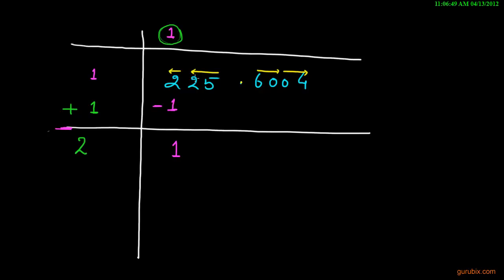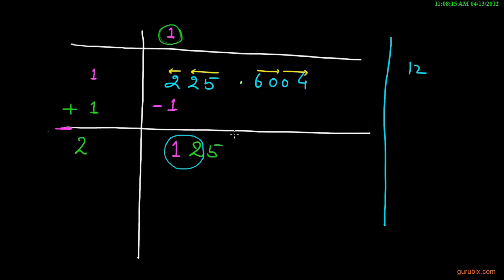Now we shall bring down the next period, and that is 25. So this number becomes 125. Now we shall find the next digit in the quotient. We shall keep aside the unit digit of this number, that is 5, and take the number formed by the tens digit and hundreds digit, then it will be 12.